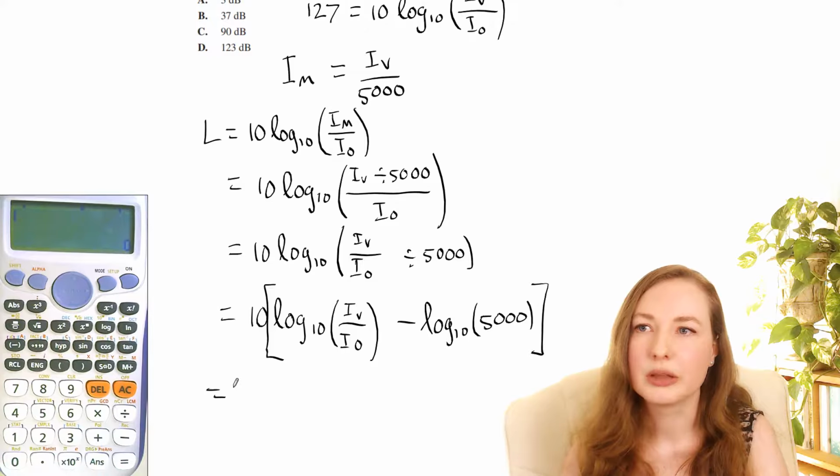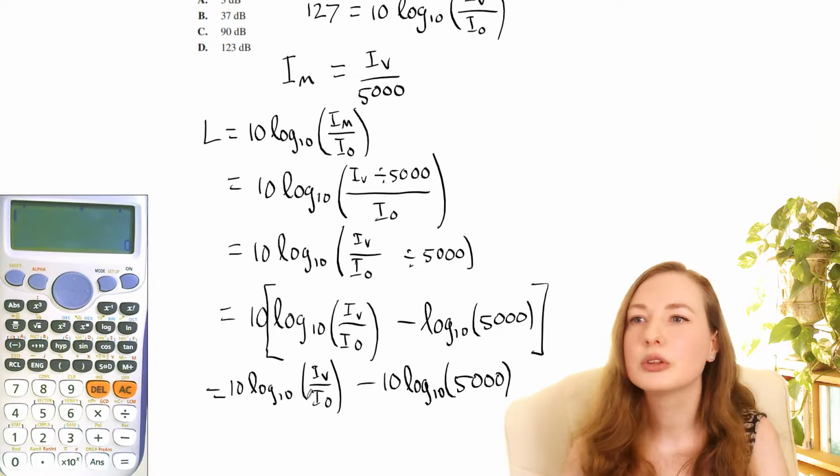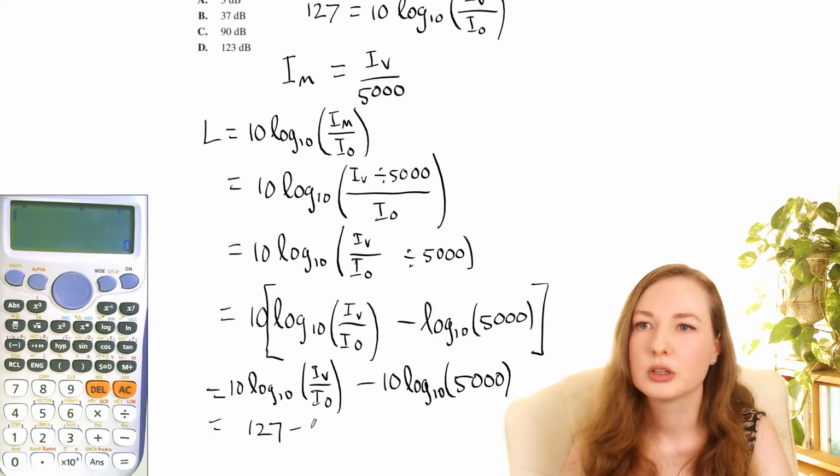And then you could expand this. So we've got 10 log 10 of IV on I0 minus 10 log 10 of 5,000. Now we know that this was 127. So we just need to work out 127 minus this.